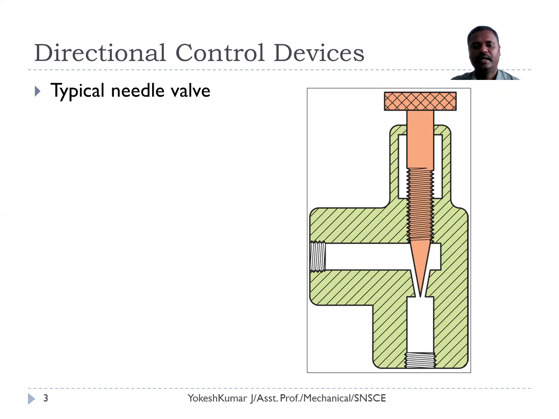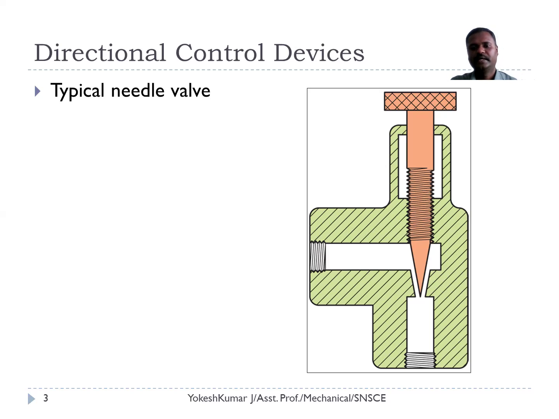In between the right angle, there is a needle which is operated with the help of a threaded stud. At the top of the threaded stud, we have a knob. By rotating this knob, this stud can be moved up and down, and thereby the needle will make opening and closing of the valve.